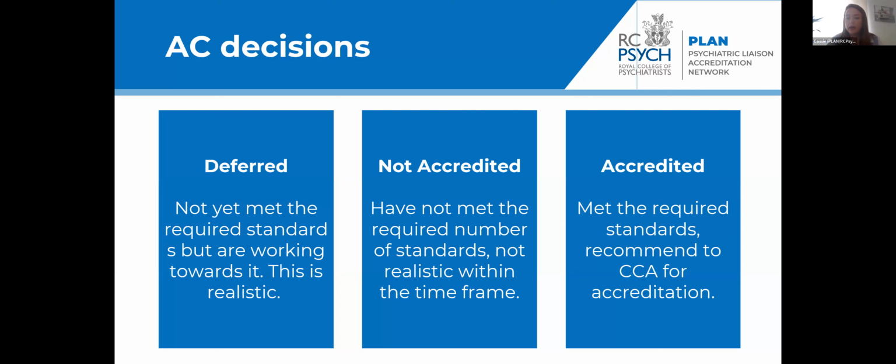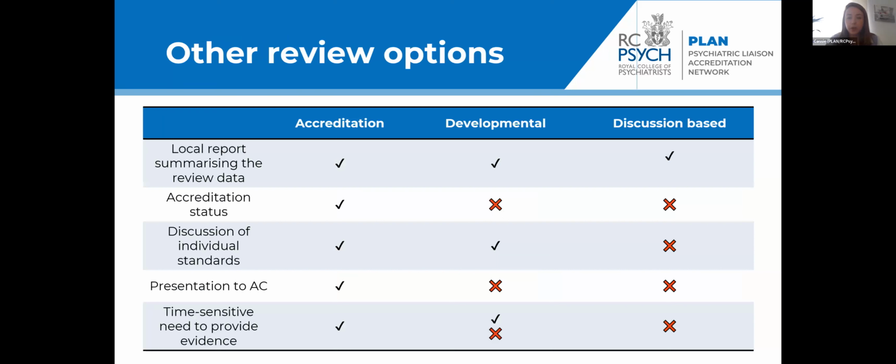One thing to really keep in mind is accreditation is there for those teams that are well resourced and providing a good service. What we often find is teams are really struggling and the process isn't there to be a burden. So we do have other review options as well. We've put together this table to really show the difference.